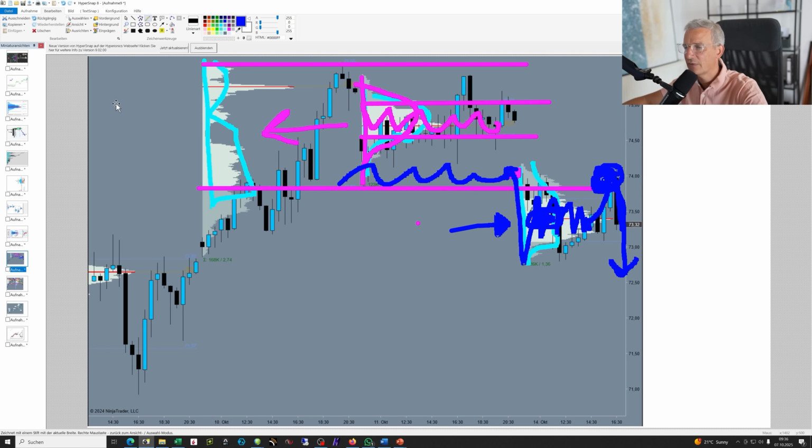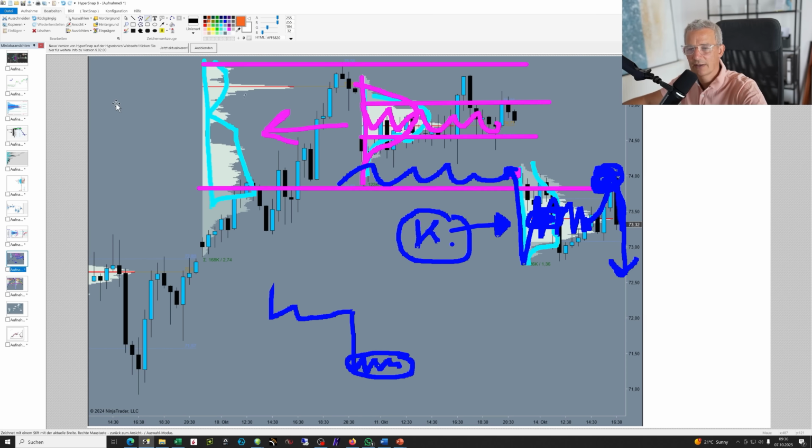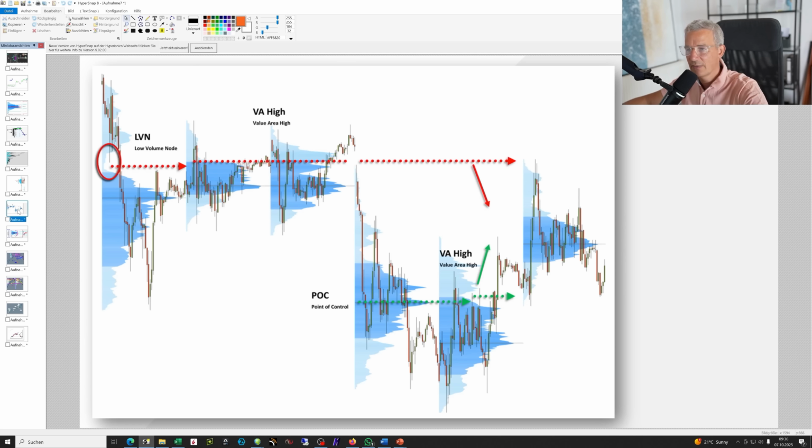And here we can look for a counter trade in the direction of the trend or in the context direction. This means, as we have understood, when supply and demand shift, there is a new acceptance of prices at lower levels, and thus, when the market tests an area, the probability is high that it will move back there again. And that is exactly the case here. That's one approach.